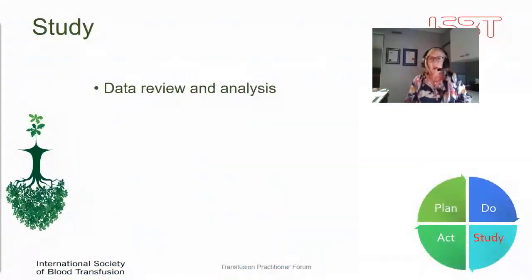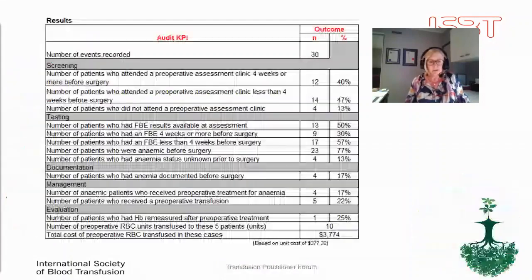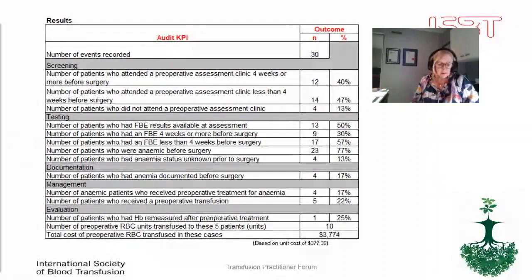So after we've collected the data, then we need to study it. We need to set aside some time to actually analyse the data and to study the results. And now we're going to see some of the results of the populated report that was shown to you previously. And looking at the data, what trends can you actually see? So we've actually got a number of issues here in this small amount of data that we've collected.